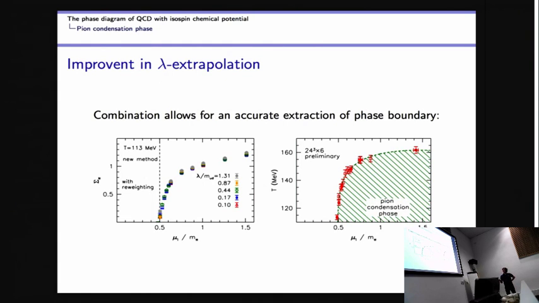So this is an example of how this final result for the pion condensate looks for different values of lambda. So you see that there is clearly the point where it leaves the value of 0, and we can extract that, and this is the pion condensation phase boundary you get. So it really looks a bit box-like, but there is some curvature here in this region, and then it turns to flatten out.